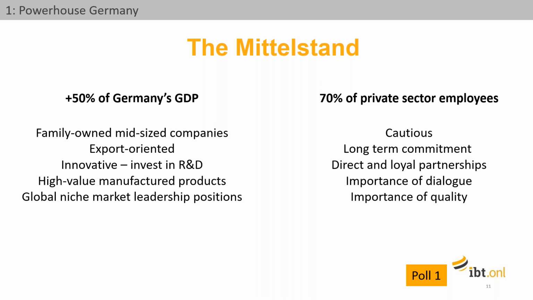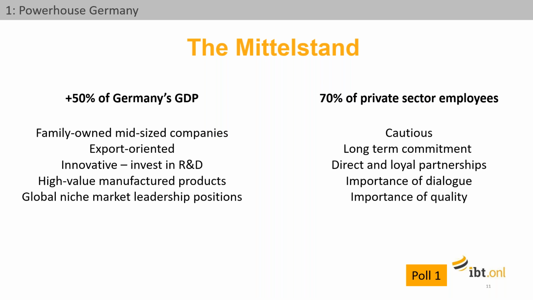They account for 50% of Germany's GDP, and they are typically family-owned private companies. They've been export-oriented since their very foundation, and they are very much niche. They excel at a particular thing, and their ambition is to become a global leader in that sphere. I'm sure you all have come across them. So that is the Mittelstand.